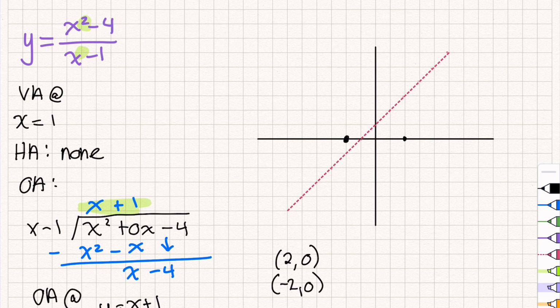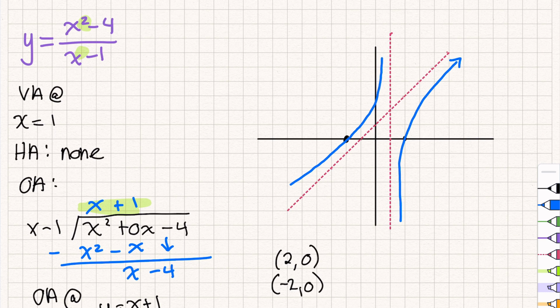Now don't forget, we have a vertical asymptote at x equals 1. So our function is going to look somewhat like this. And there you go. Now we have graphed the reciprocal functions.